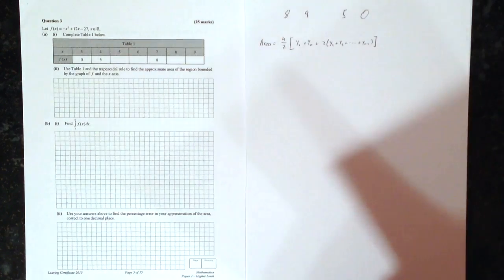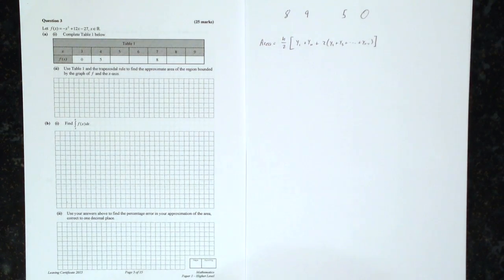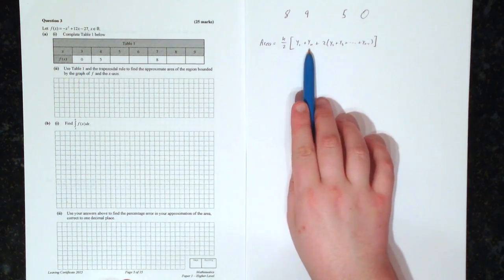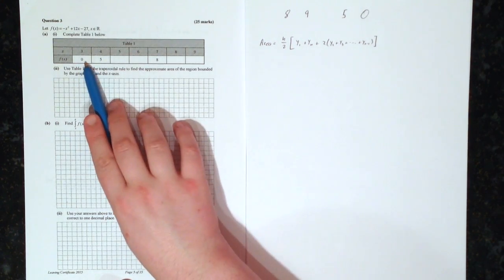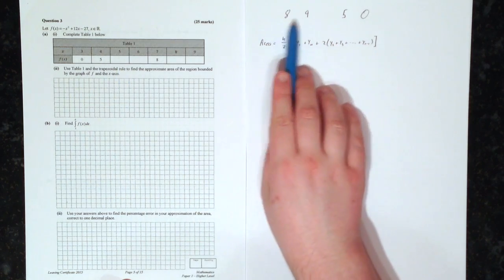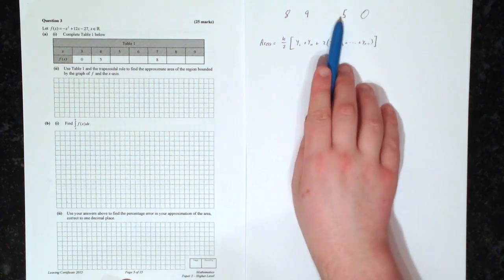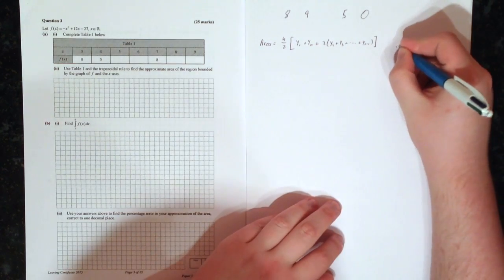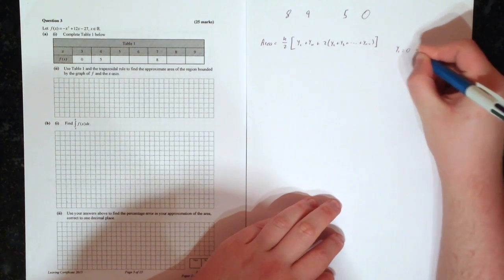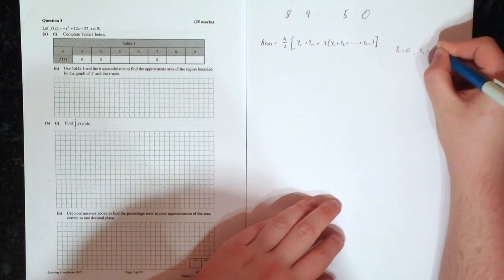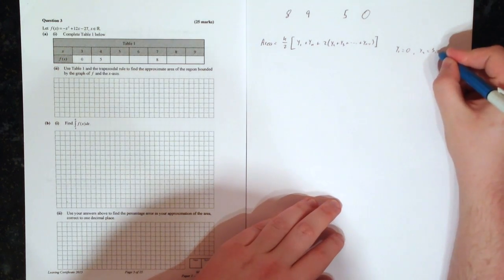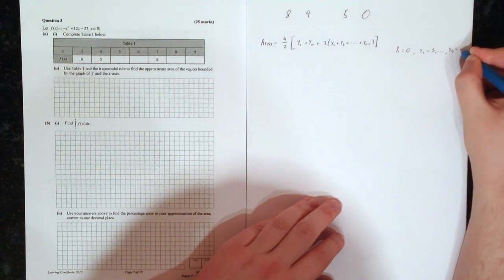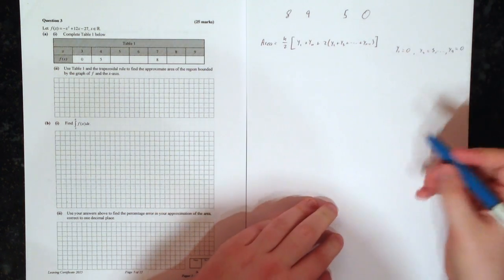There is our formula. Now in this case, we will have 9 different heights of the graph, so 9 different values of y, given as 0, 5, 8, 9, 8, 5, and 0. So for instance, y1 will be equal to 0, y2 will be equal to 5, and so on up to y9 will be equal to 0 again over here.